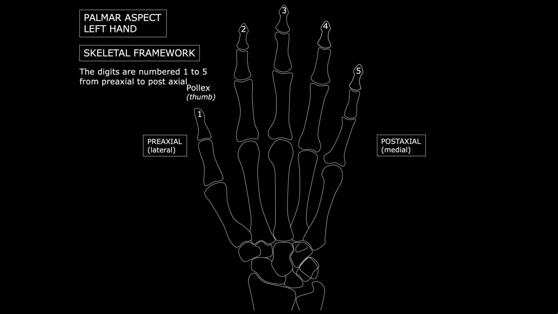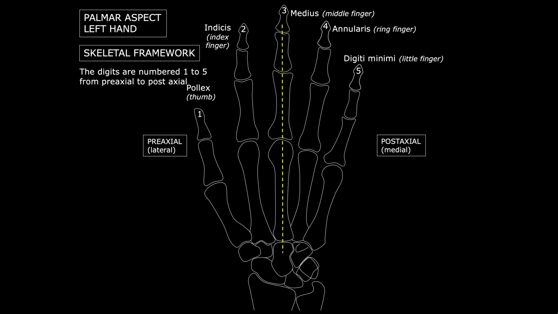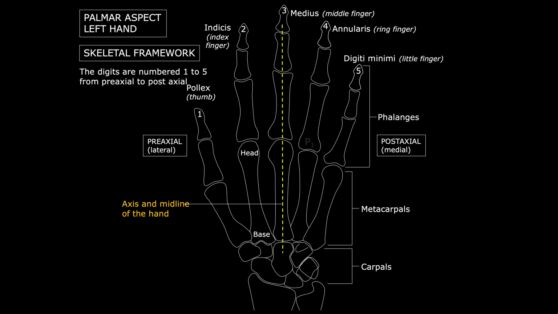And we have learned so many names of the muscles. Indicis, my index finger; medius, my middle finger; annularis, where you put a ring, that is your ring finger; and the pinky, little finger. And now this yellow dotted line is the main axis. And then we are looking at the carpal bones, metacarpals, and then the phalanges.